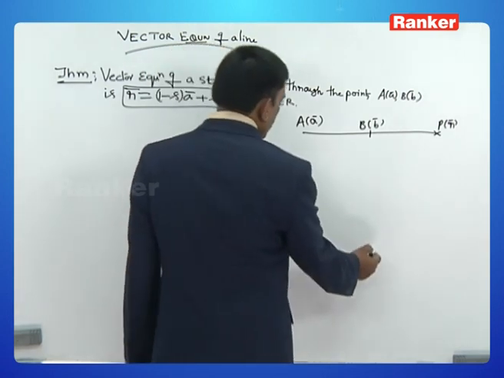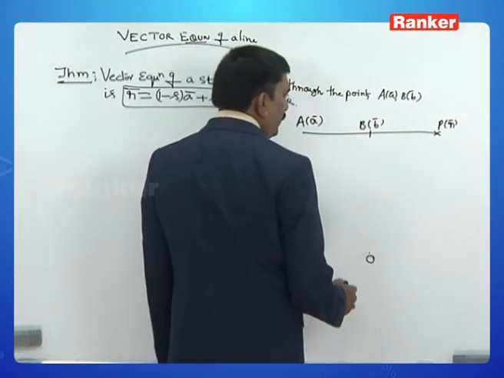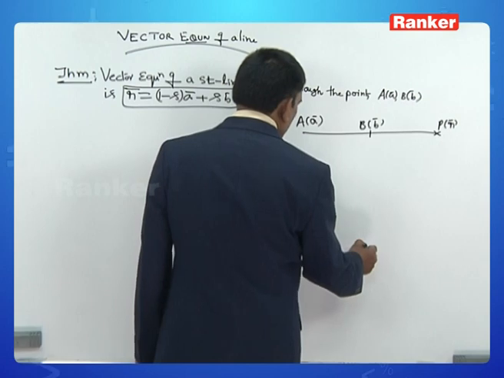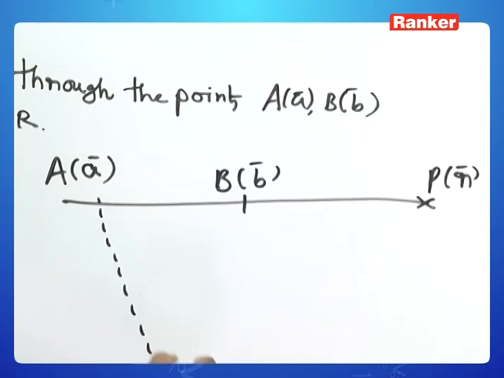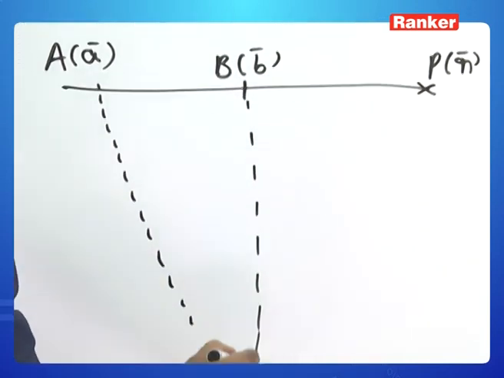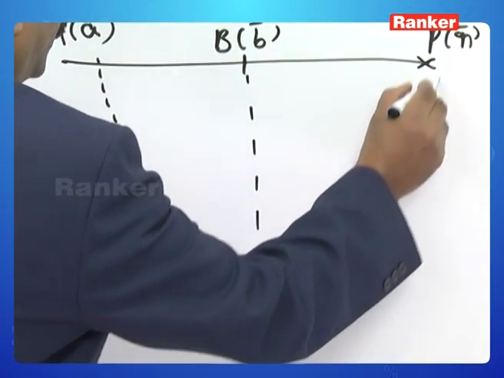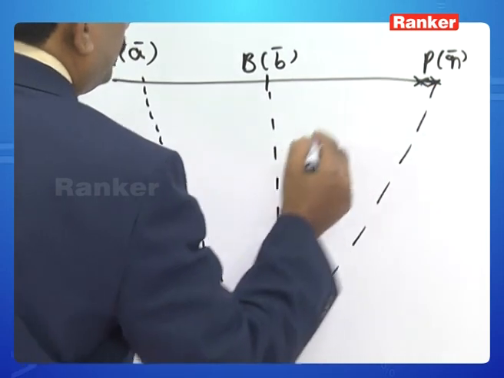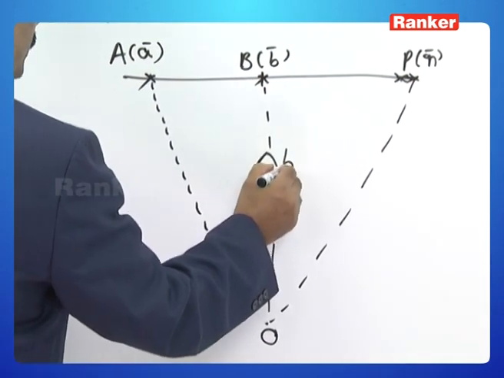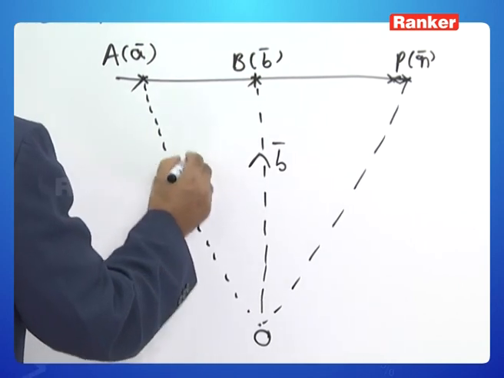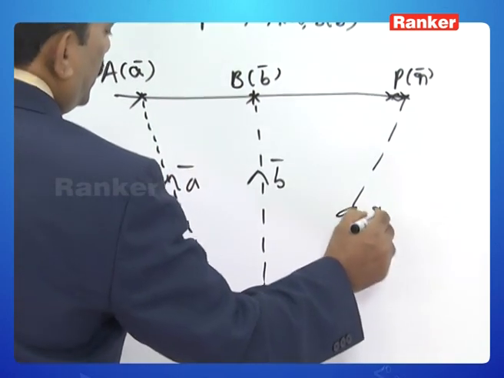Now if I take the origin for position vectors, OA bar, OB bar, OP bar. Now this is B bar, this is A bar, this is R bar.